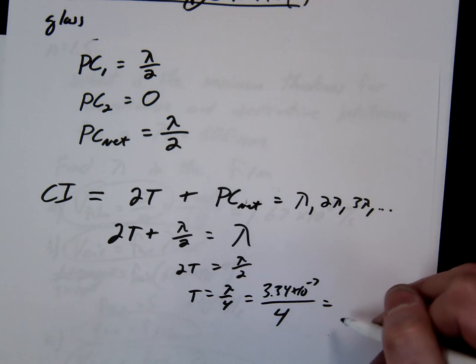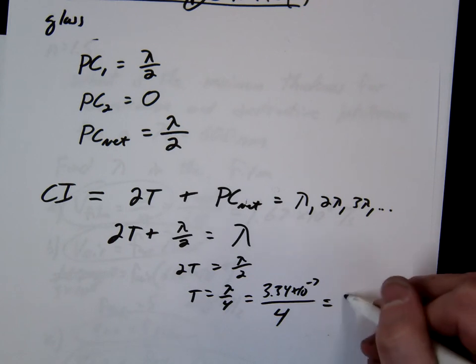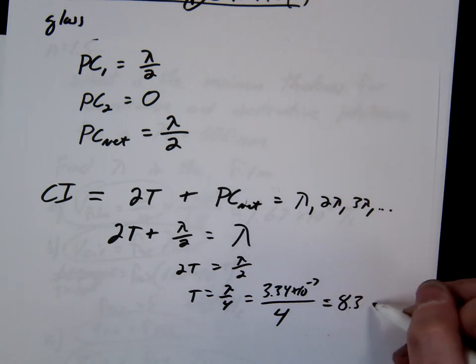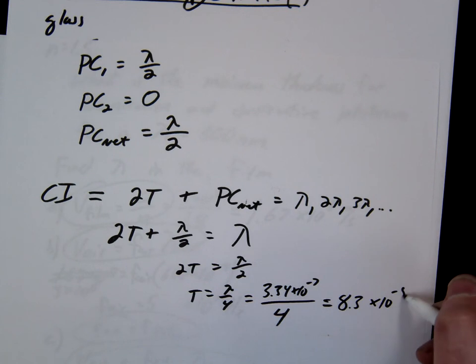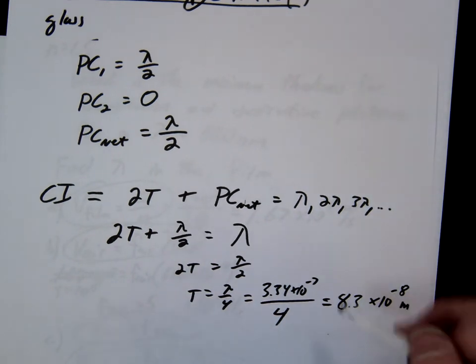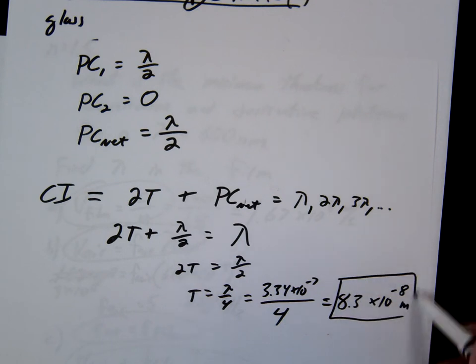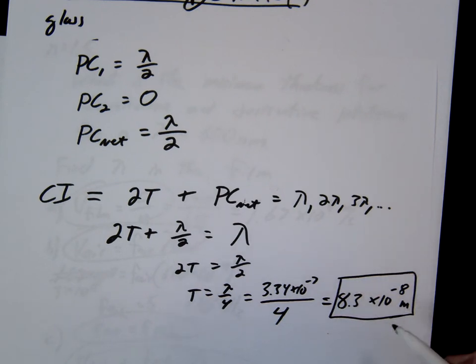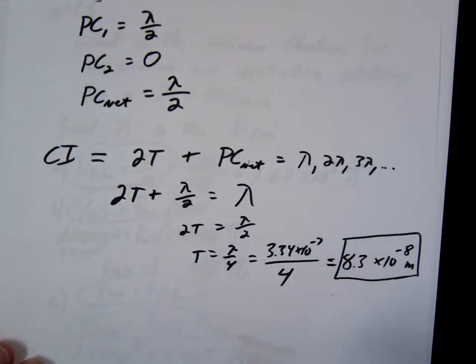It's like 8 point something. 8.3. So this particular thickness would produce constructive interference. You'd see a bright, what was it, red? Bright red light. Okay, let's do DI.